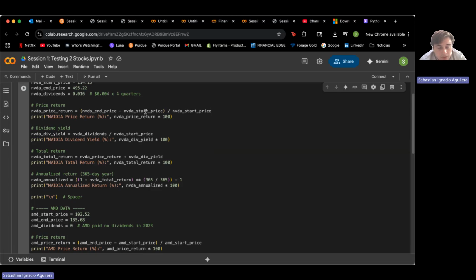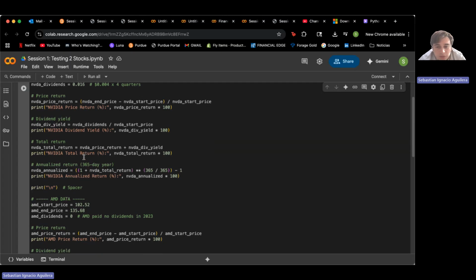And then we calculate the total return, which we add the price return and the dividend yield together to get. Then we calculate the annualized return, and this is for a 365-day year, and it is 1 plus the NVIDIA total return.